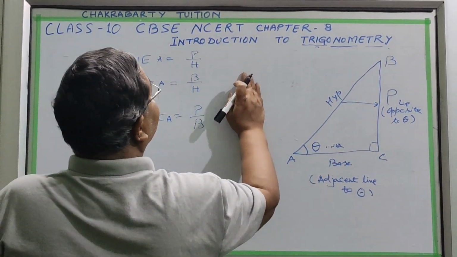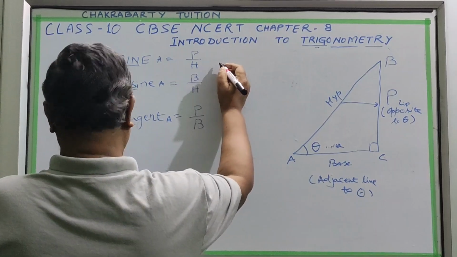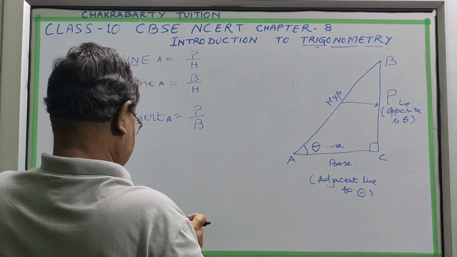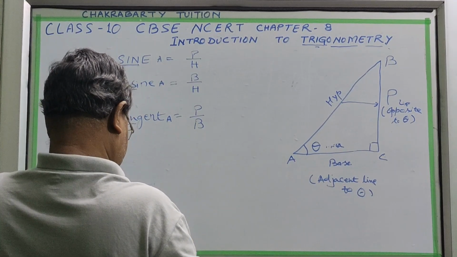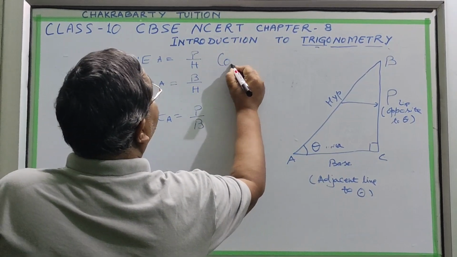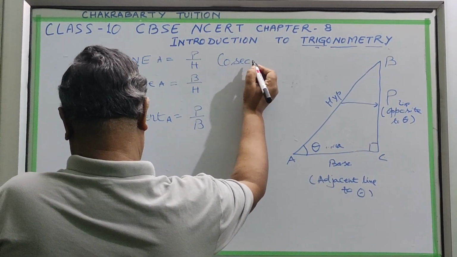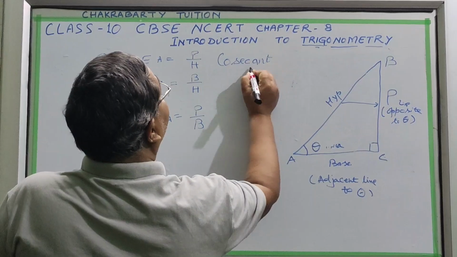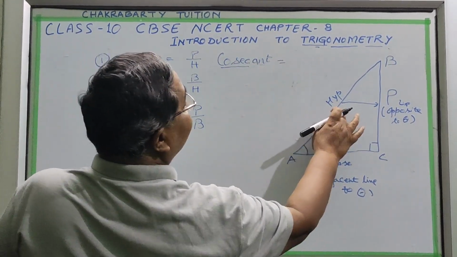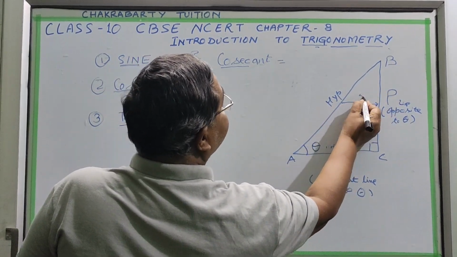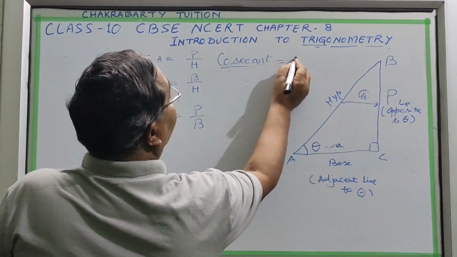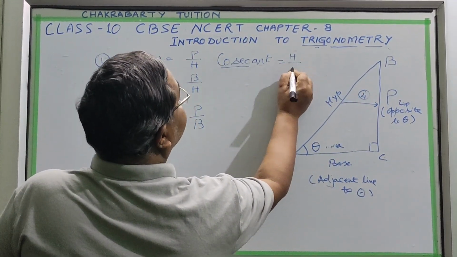Then we term it as cosec, and then the relation will be H to P. It is your fourth relationship. So the fourth one is H upon P.